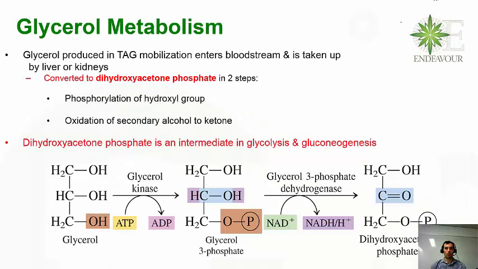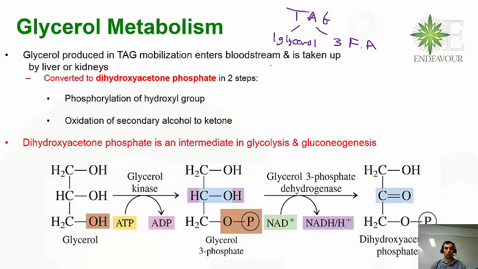Alright, so once we've got that triacylglycerol and we've undergone the hydrolysis to break it down into the two individual components, we're left with one glycerol, and we're also left with three fatty acids. So this slide tells us what is happening to the glycerol, because we have different reactions for the glycerol and for the fatty acids.